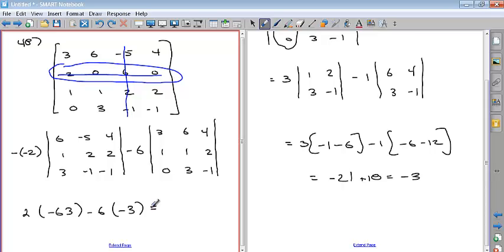And so the final answer is going to be 2 times negative 63 plus 18, which is negative 108. So let's double check this. This is 48, section 8.4. Negative 108. Okay.